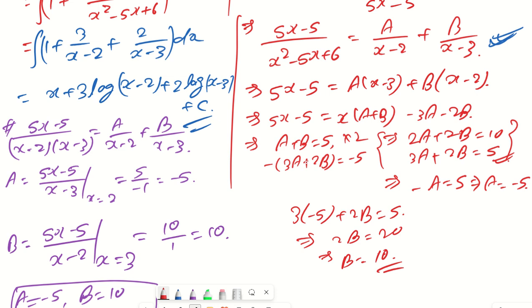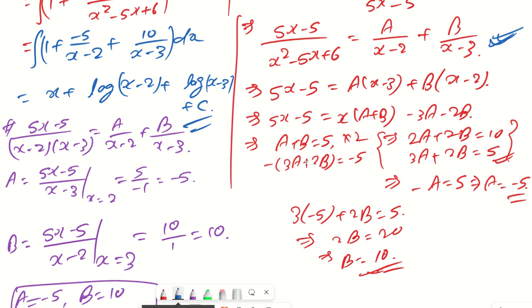So just remember to replace these a and b values by minus 5 and 10 in the solution that we just did. This is not 3 and 2, this will be 10 and minus 5. That's the only change that we had to make. So it will become minus 5 and it will become 10.